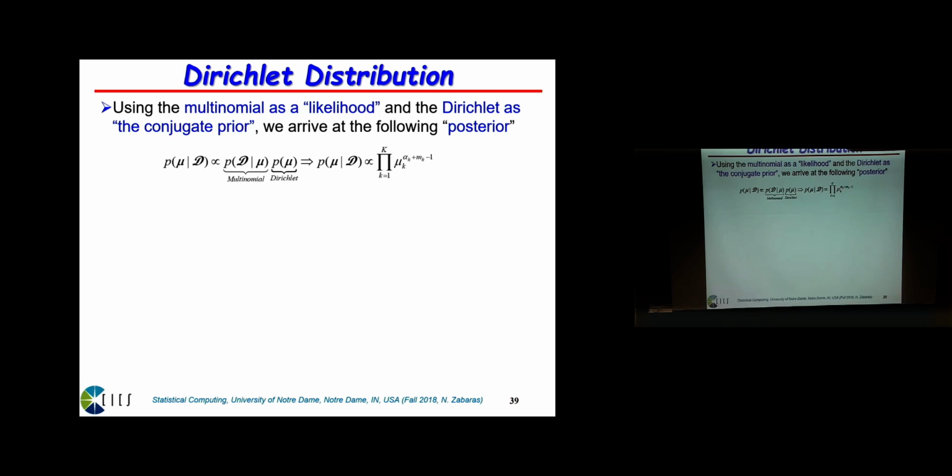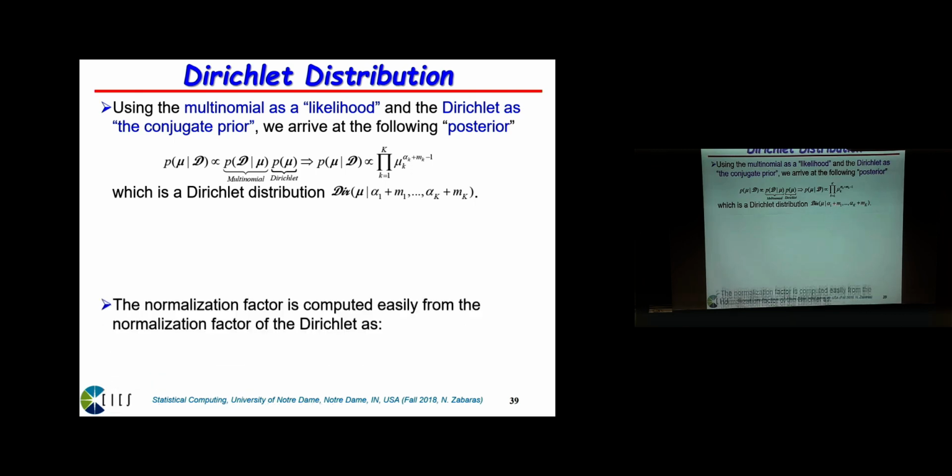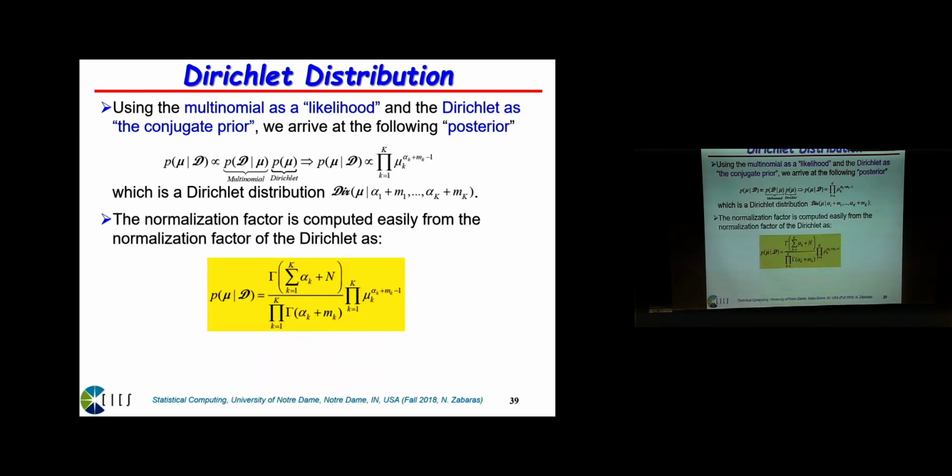This is nice. That's where the Dirichlet distribution is going to play a role, at least in the early part of our calculations. So the posterior mu is a Dirichlet that has now these updated parameters, okay? And if you want to write it with the normalization factor, that's the nice answer.